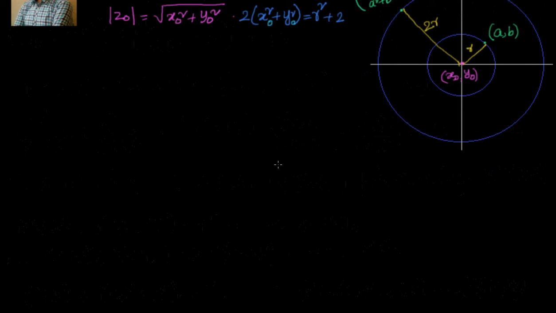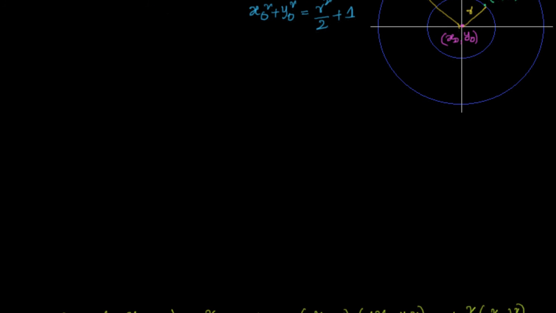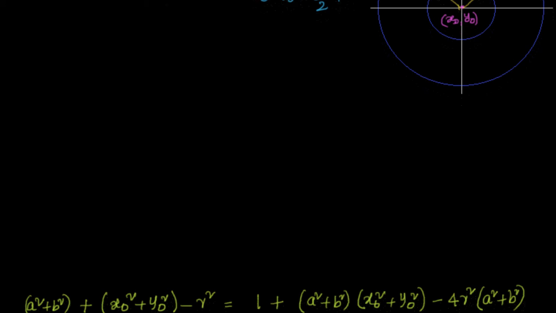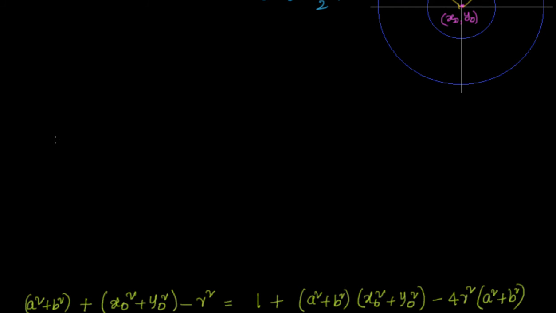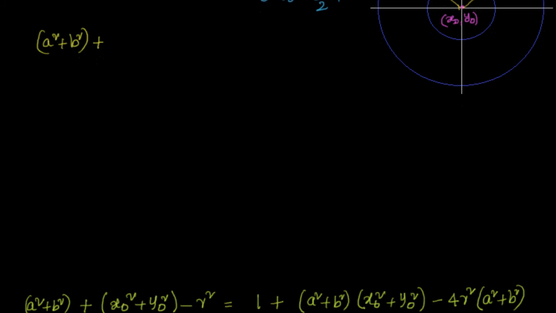So let's go to the next step. Now let's substitute this formula, x naught square plus y naught square is equal to r square by 2 plus 1. That formula we want to leverage, and we want to simplify this now. So let's write down a square plus b square plus, what is x naught square plus y naught square, r square by 2 plus 1.